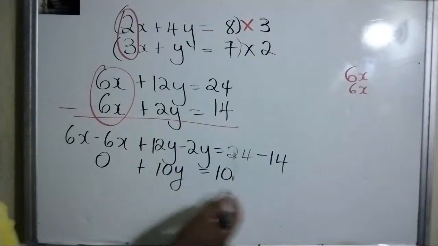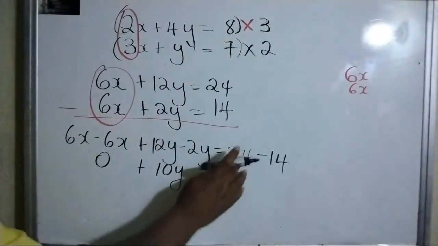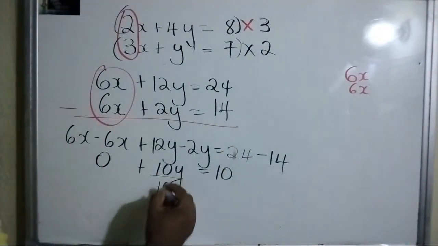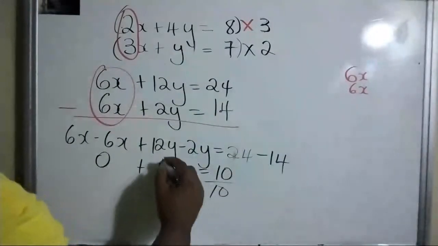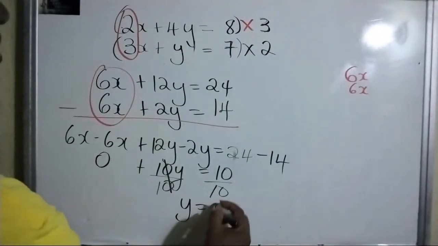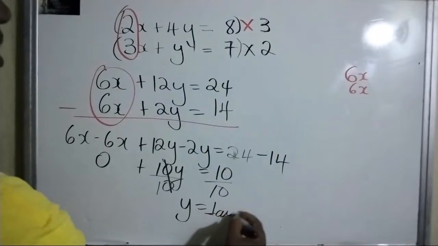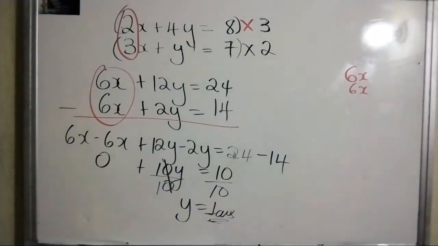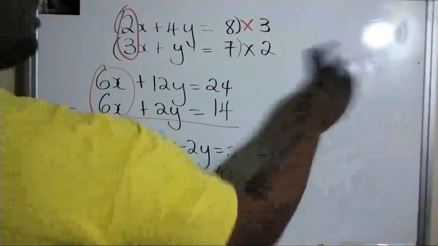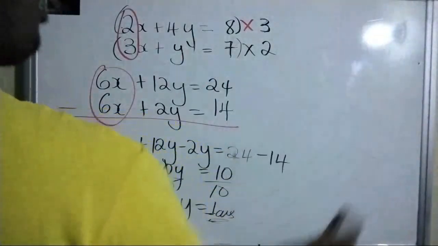And then, 10 times what gives you 10? Correct, that is 1. So therefore y is equal to 10 divided by 10, that is 1. Now that we know y, we're going to substitute the value y equals 1 in equation 1.